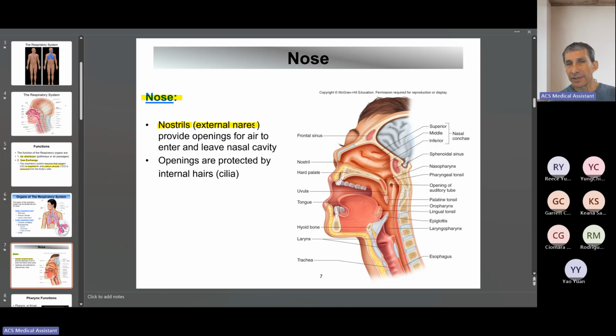These openings not only allow the air to pass through, but they are covered with the mucous membrane. This mucous membrane is moist, meaning it provides warmth to the air when it comes in. And if it is too hot, it cools down the air.